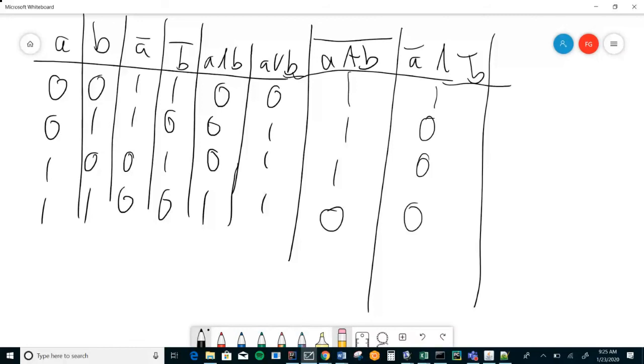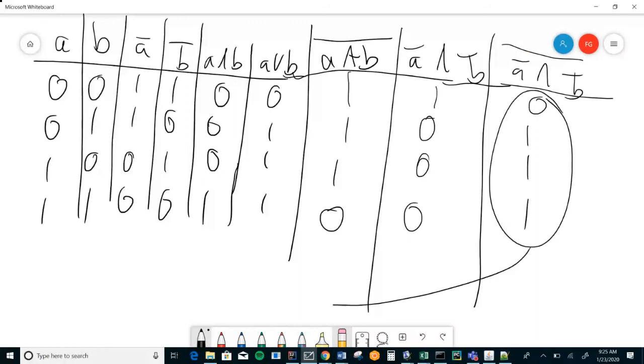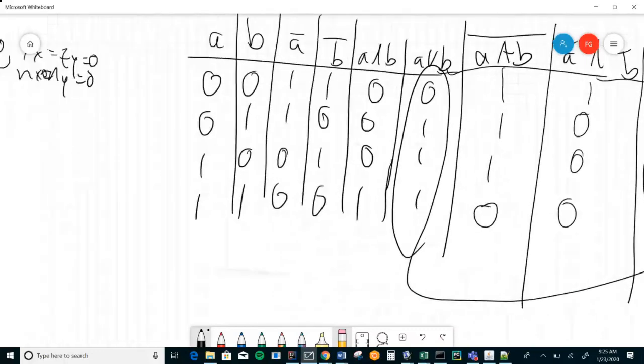And now what if I negate that output, not of (not A and not B)? Then I get 0, 1, 1, 1. What do you know, that is the same thing as A or B. If I not A and not B and not it, I get A or B.